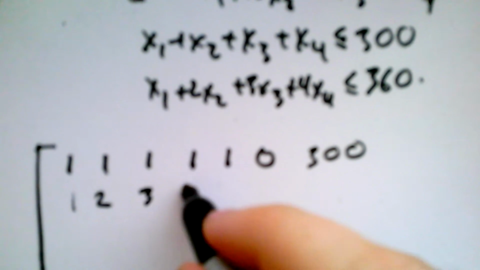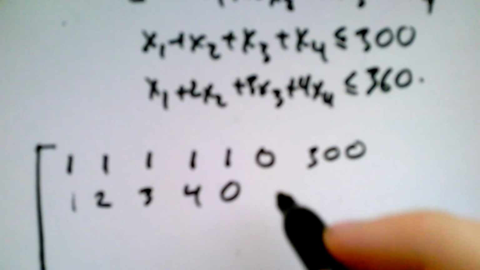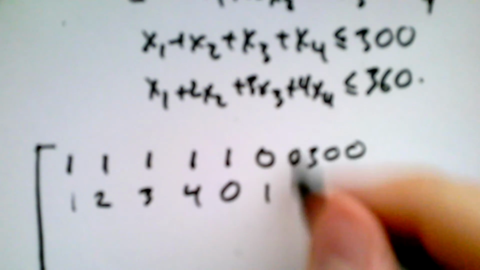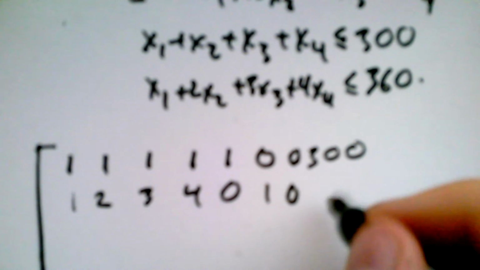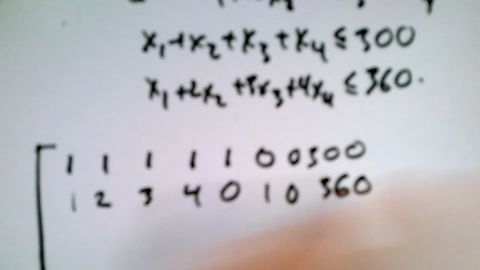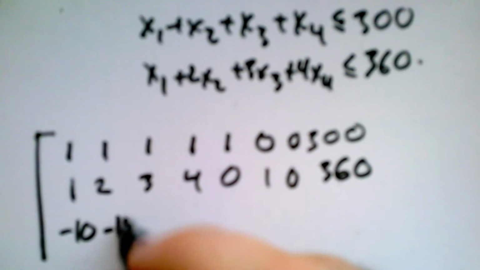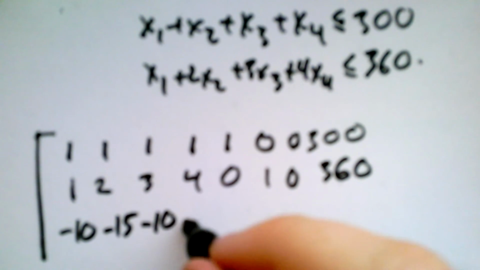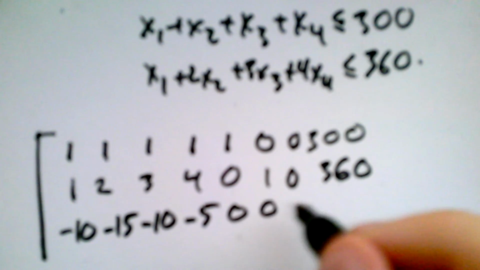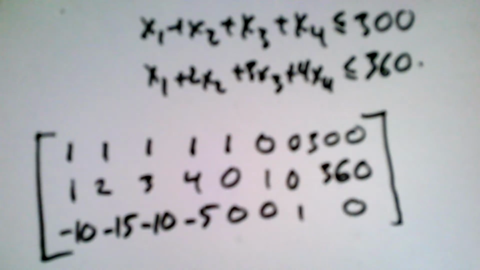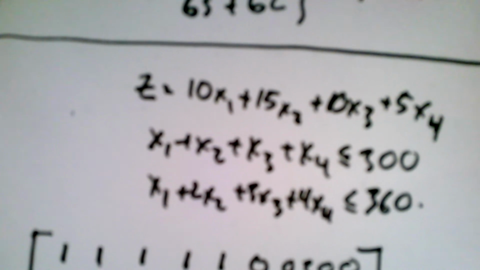We get 1, 2, 3, 4, 0 on the first slack variable, 1 on the second slack variable, and 0z. And then 360. And we have -10, -15, -10, -5, 0, 0, 1z, and 0 for our simplex tableau, coming from these three equations.